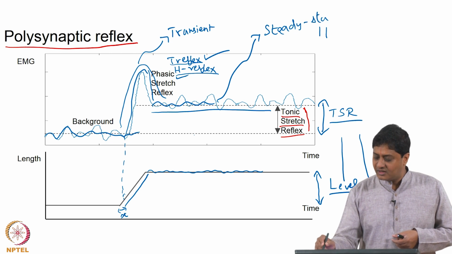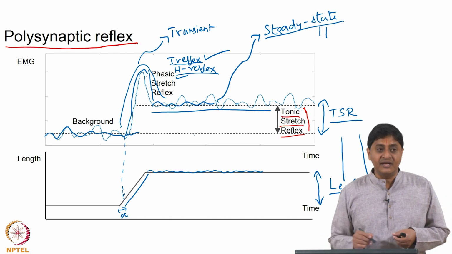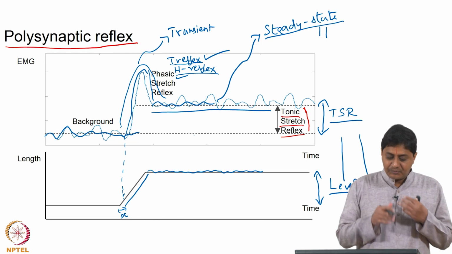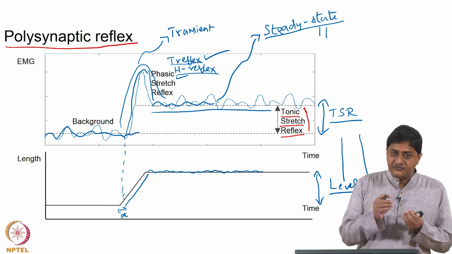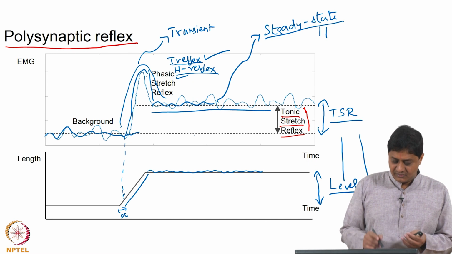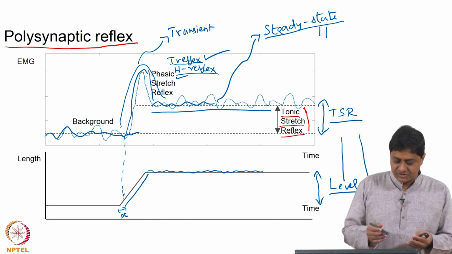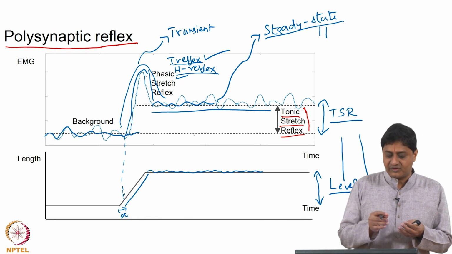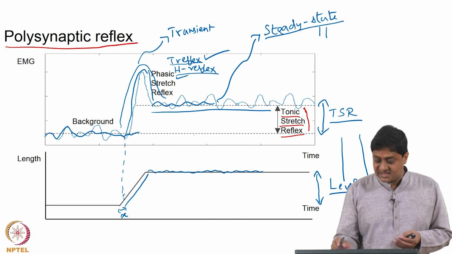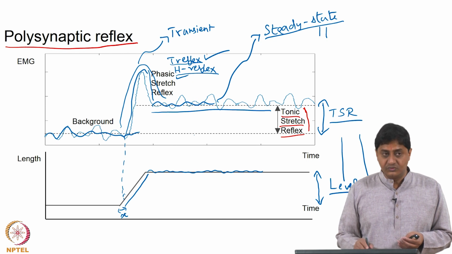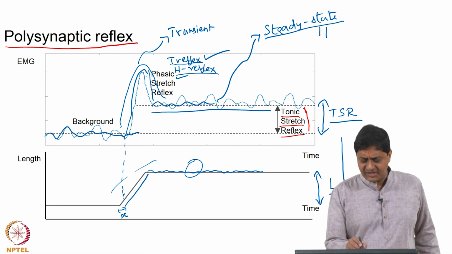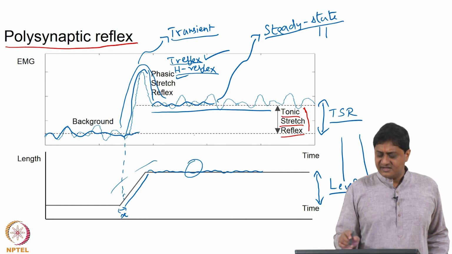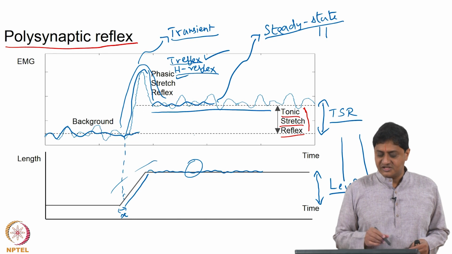This is what engineers would call a response that is transient, that is going to last for a brief amount of time in response to a stimulus, but the steady state is due to other things, due to the level change, etc. So, approximately this can be called a transient response and this can be called the steady state response.